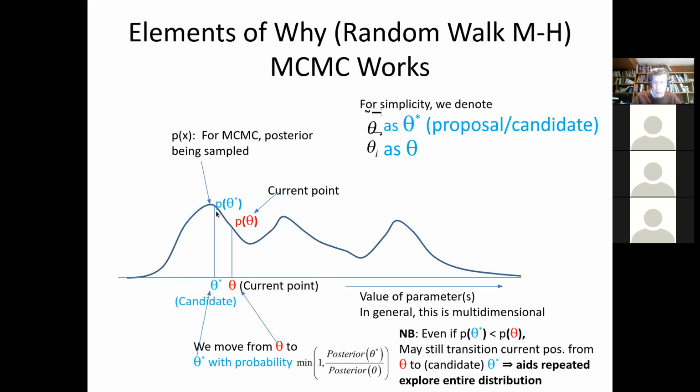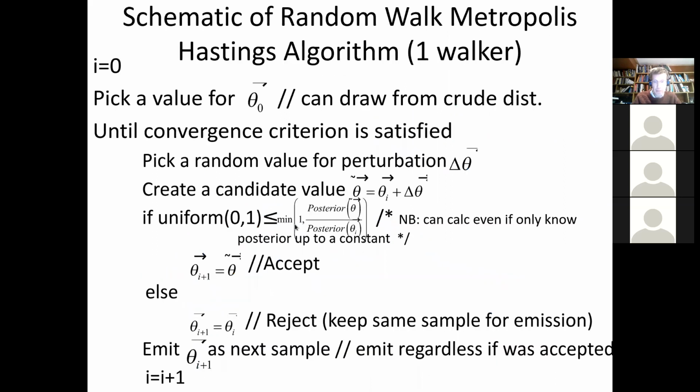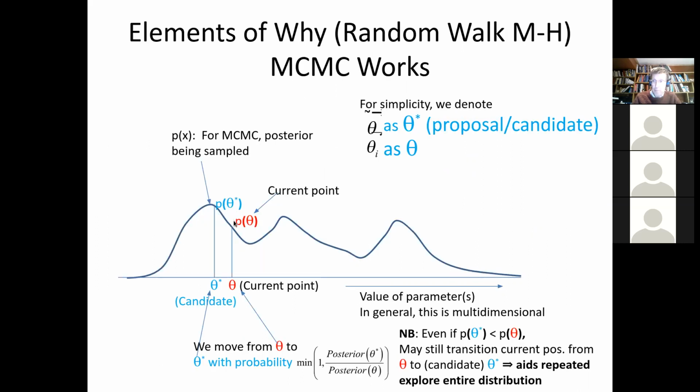We're going to be walking around here, and you could probably get a sense. It means we're going to spend a lot of time near these peaks because they're very good values, and we won't want to leave them because we'll have a lower chance of leaving them, given the less favorable posterior value elsewhere. But with a certain probability, we'll transition down here, and then we may discover this peak.